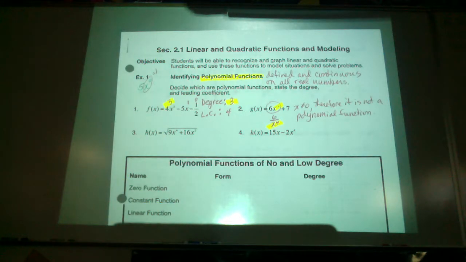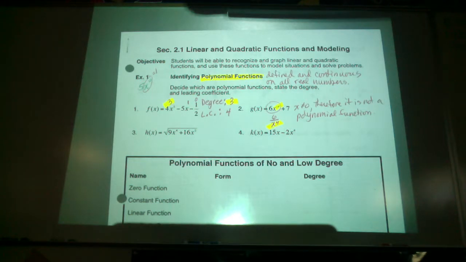Those are things that affect and restrict our domain. Right? So it's almost like you're trying to find the domain. And so on this one, our domain could be anything we wanted it to, it just couldn't be 0, and because there's that restriction, it's not a polynomial function. So I don't have to find its degree, I don't have to find its leading coefficient.